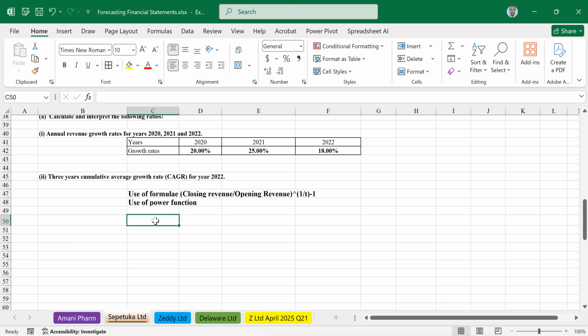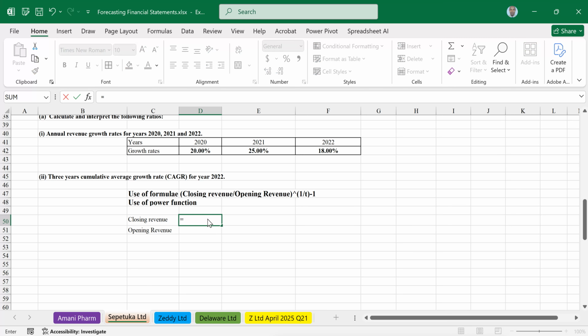So closing revenue, and you also have opening revenue. Now they want the 3-year average for the year 2022. That therefore means that closing revenue will be for the year 2022. That will be equal sign. When you move up, the year 2022 revenue is 95,580.